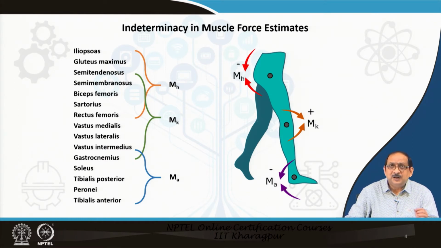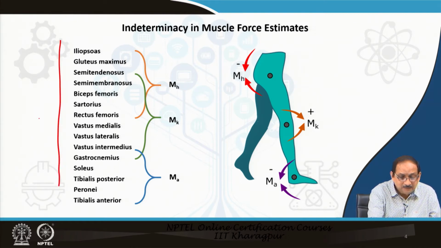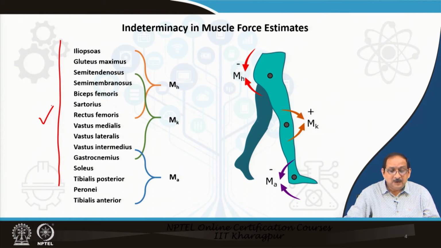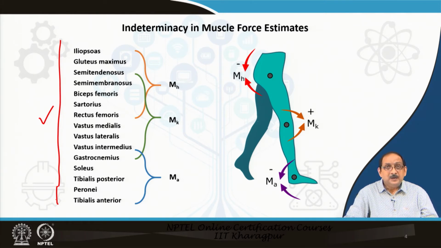Now, let us consider indeterminacy in muscle force estimates. The figure presents the major muscle forces responsible for joint moments in the lower limb, as observed in the side view presented in the sagittal plane.